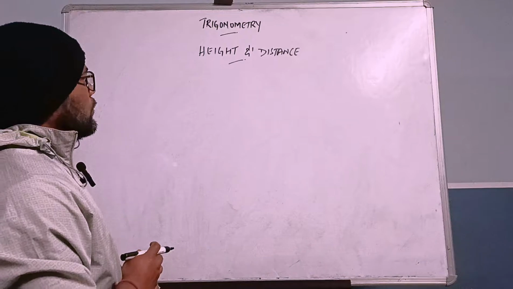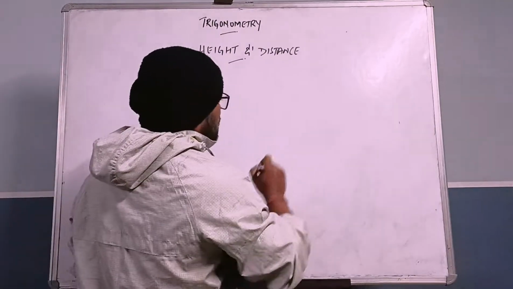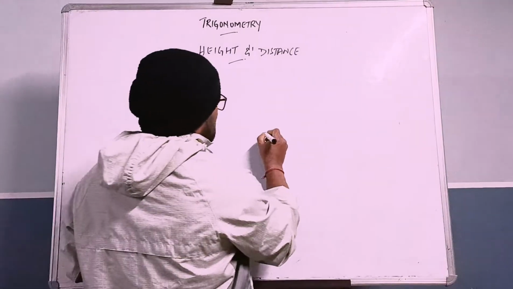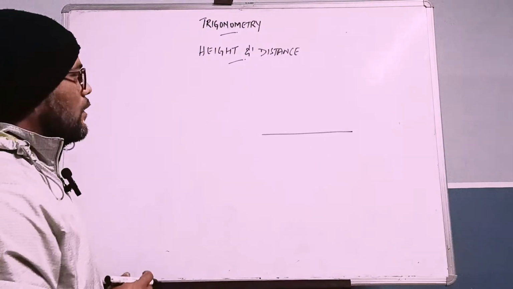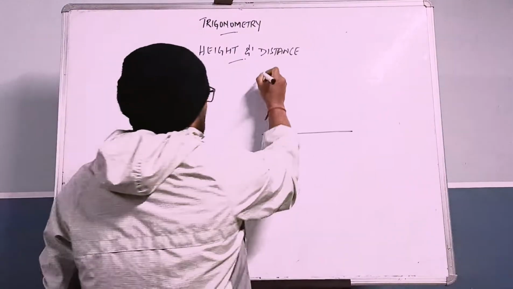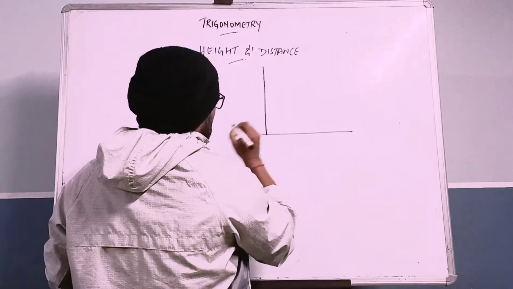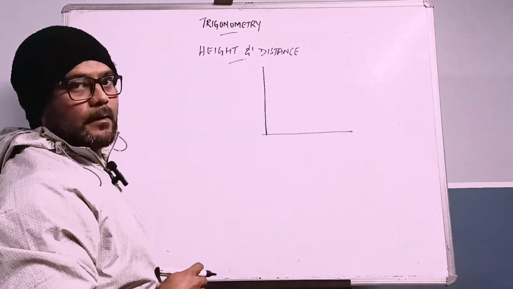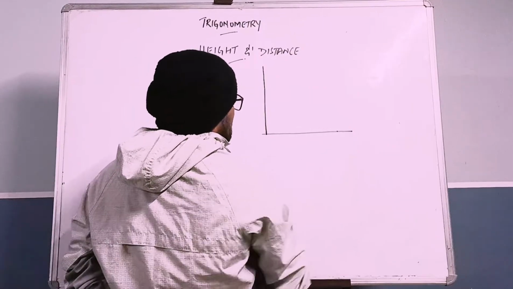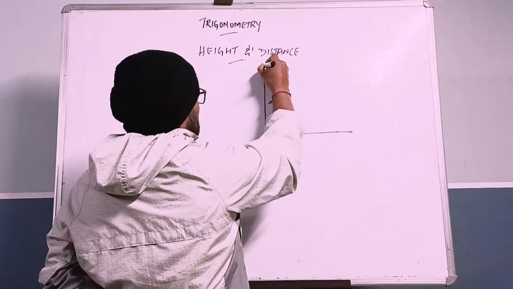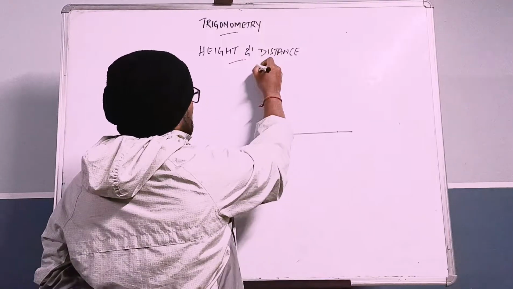Suppose you are standing on a ground or a field. You have seen the coconut tree over here. You are standing here and just seeing the top of the coconut tree.